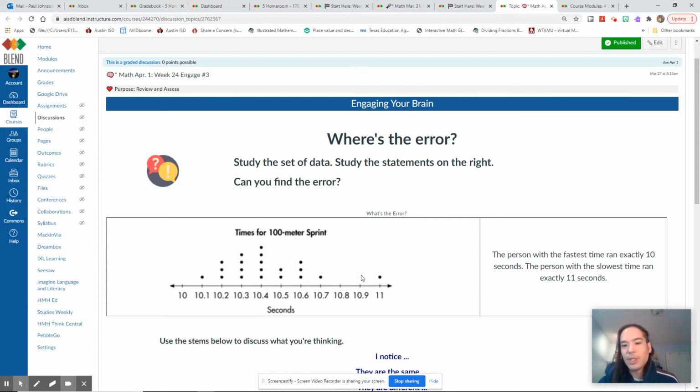If there is no dot above the time, or there's no dot above the number, that means there's no data. So nobody came in at 10 and 8/10 seconds. Nobody came in at 10 and 9/10 seconds. But at 11 seconds, we had our final person cross the finish line. So these are all pieces of data that represent how long it took somebody to finish a 100-meter sprint, which is a race.